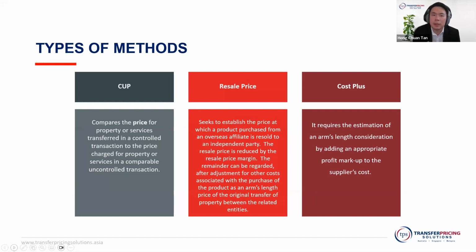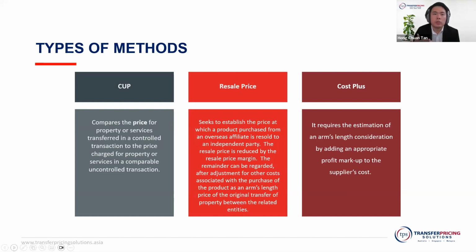One of the weaknesses of CUP is that it has very high comparability requirements. In order to use CUP, you need to ensure that the characteristics, going back to the comparability factors, of the uncontrolled transaction versus the controlled ones are highly similar, or the best is identical, right?